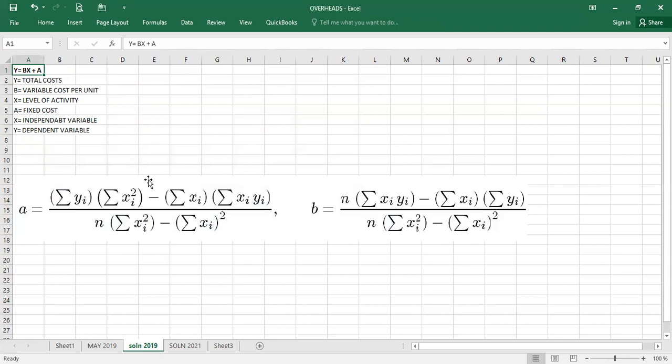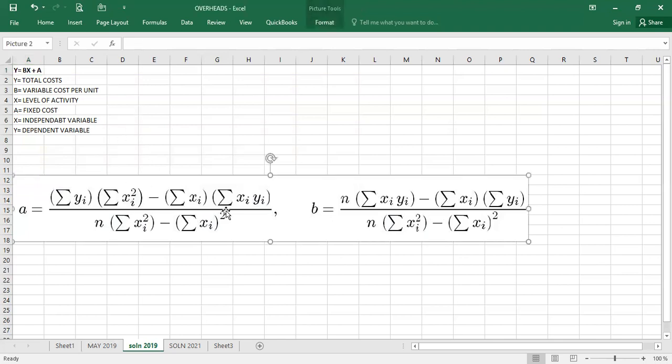These methods, you can try to prove how they came about, but this is a bit mathematical. It will be a bit confusing. I hope you can get these formulas.